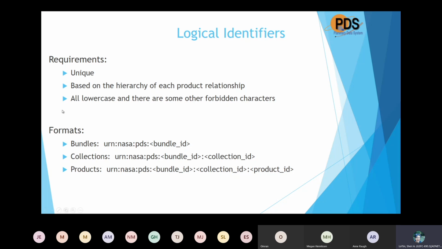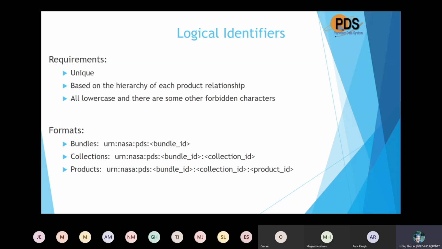One of the things to notice is your product ID here, and usually this is going to be for the most part a data file, and that usually ends up being the actual file name. So when you start your schema, when you're saving your files during your mission, you're going to plan for this before the mission starts. That's the whole goal, is to have this be part of the overarching mission.